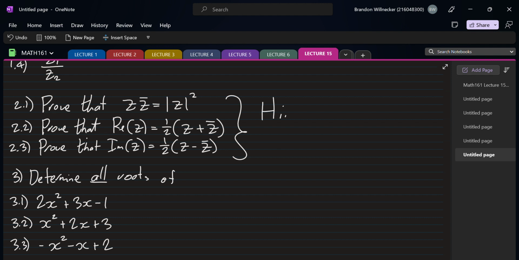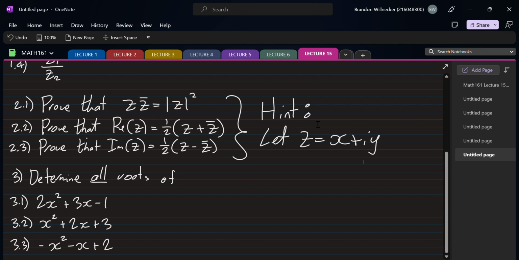For 2.1, 2.2, and 2.3, I'll give you a hint. Let z equal x plus iy. Once you let z be x plus iy, show that you can get from one side of the equation to the other. It's quite straightforward once you use these definitions.